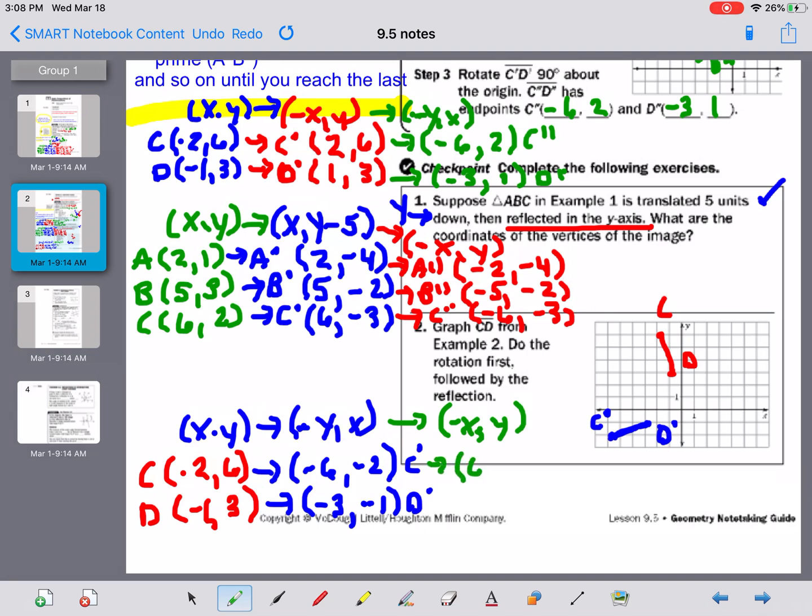That's going to be my C double prime. On my D, my negative 3 becomes positive 3, and my y stays the same at negative 1 for this one. So here's my new C double prime, and here's my new D double prime, and there's my figure.